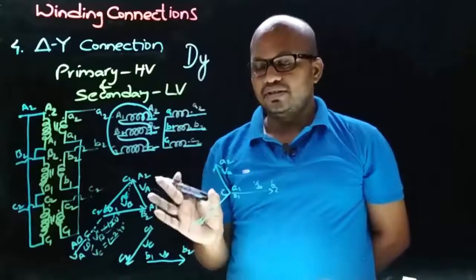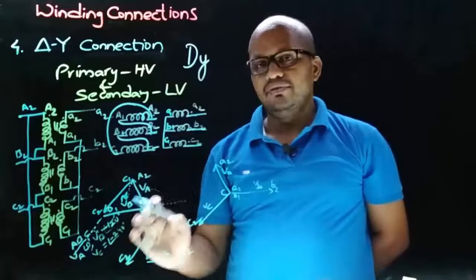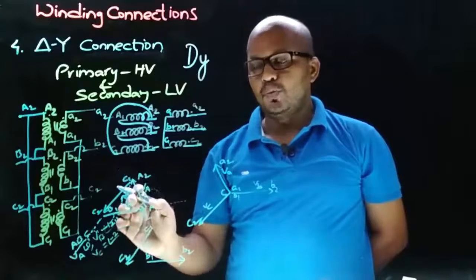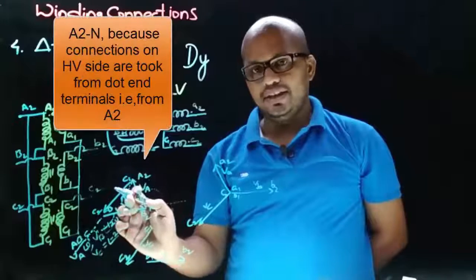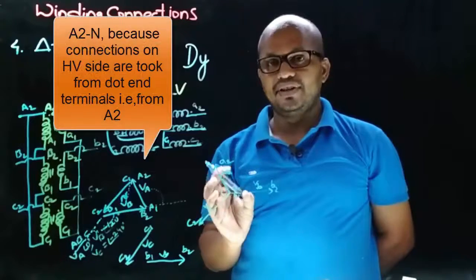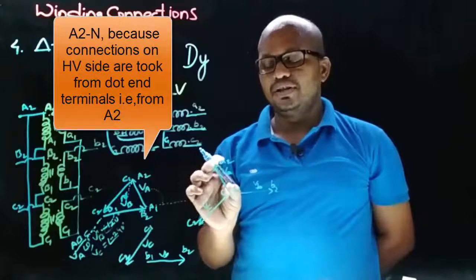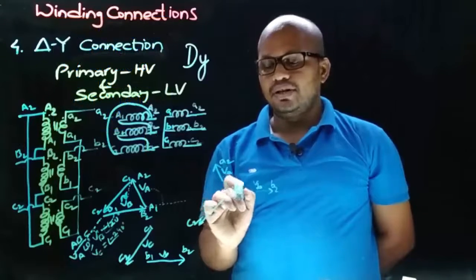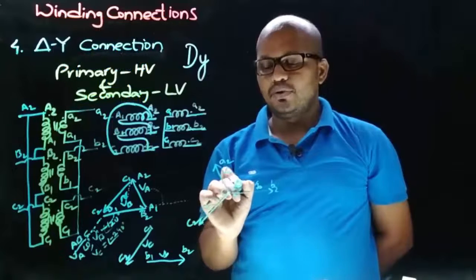So now come to the phasor diagram and observe that the HV winding phasor diagram is delta connected. So here the phase to neutral voltage is A to N, and from the LV winding phasor diagram the phase to neutral voltage we are taking is small a to n. We are considering the common terminal as small n here.